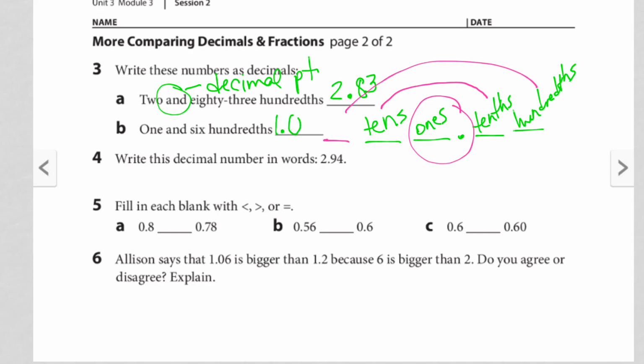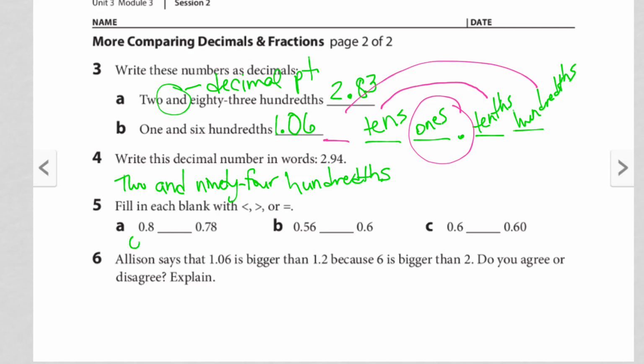We have no tenths, which is where kids are going to get stuck, and then 6 in the hundredths place. Number 4, write this decimal number in words. So we're going to say 2, that decimal point means the word "and", 94, and then we're going to say hundredths because that's where the last digit falls, in the hundredths place.